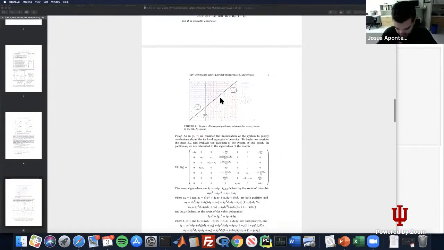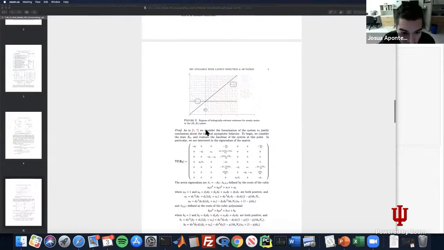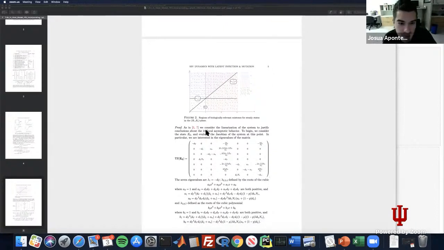So, we did spend some time here, and this is what we're going to spend some time on when replicating this paper. What they do here basically is take 2 parameter values, and then it's basically R naught.